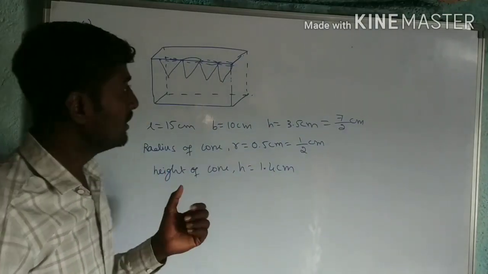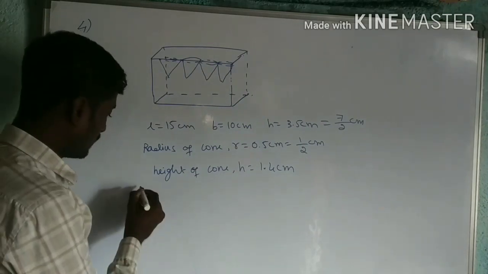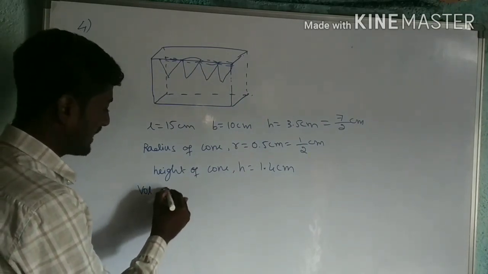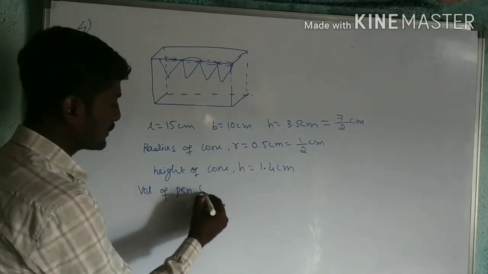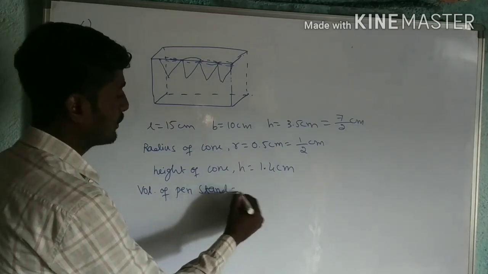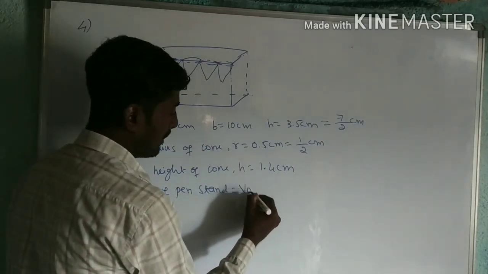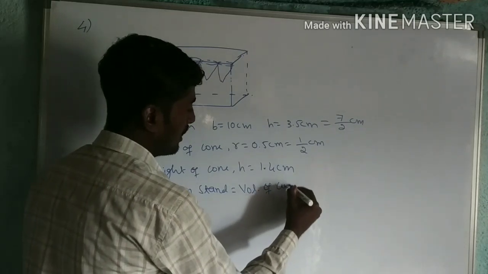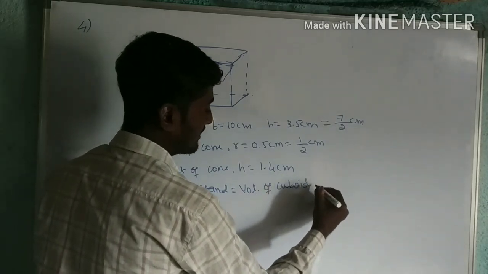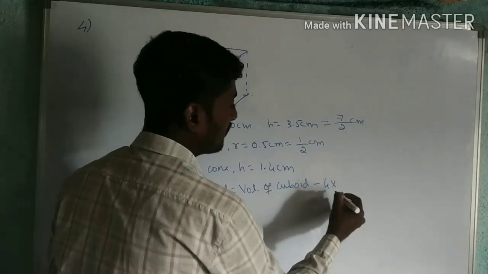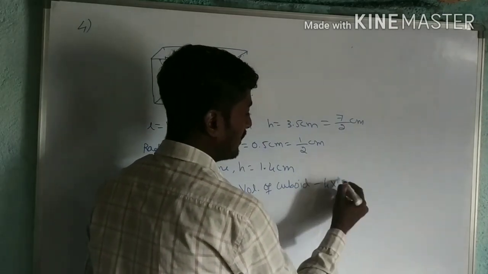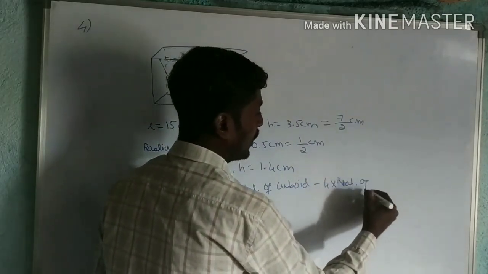Now the volume of the pen stand is equal to the volume of the cuboid minus 4 into the volume of a cone, or conical depression.